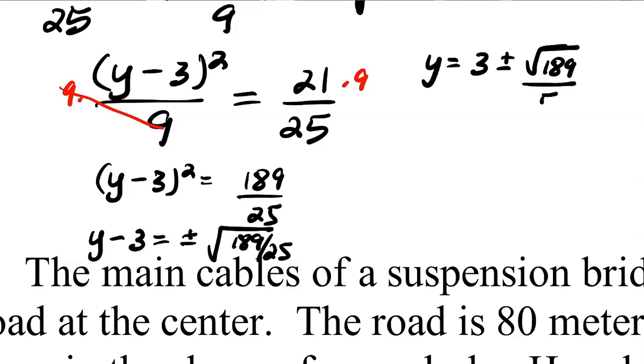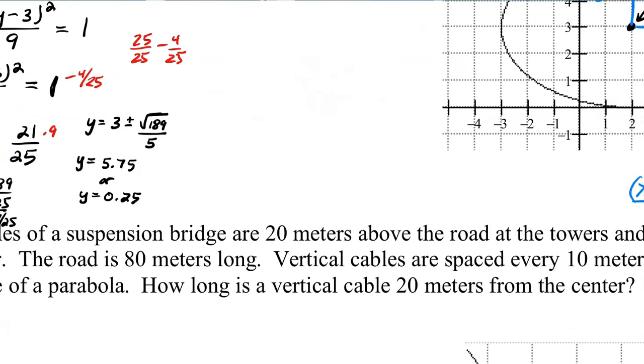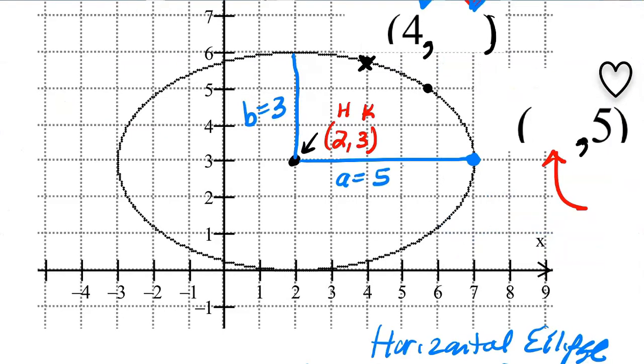Square root of 25 is 5. So it looks like our answer would be 3 plus that. I got 5.75, or 3 minus that, y equals 0.25. So based on the graph, it looks like the y value that I'm looking for is this one, yep, that's the one, 5.75. If we wanted the other y coordinate that's down here, that y coordinate would be the 0.25 that we found.